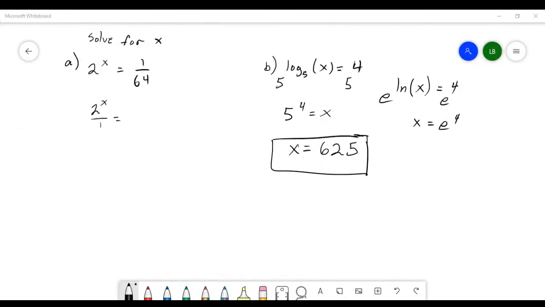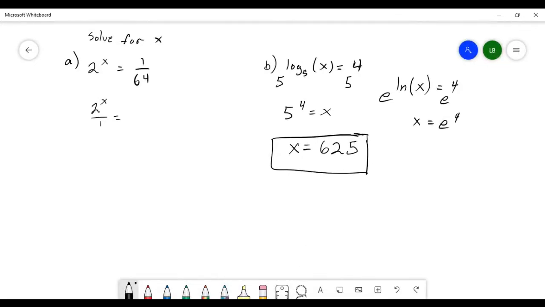You said -6. Okay, there we go. -6 is correct because 2 to the -6 is equal to 1 over 2 to the +6, and 2 to the +6 is 2, 4, 8, 16, 32, 64, so that would be 1 over 64.